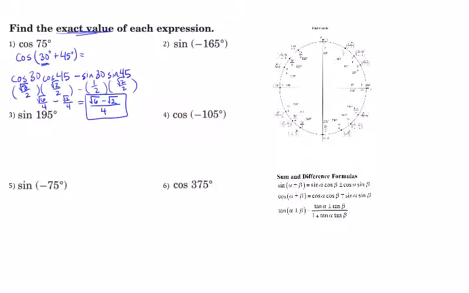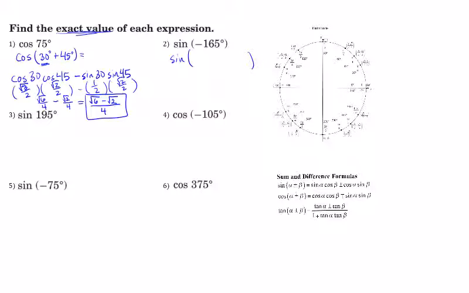So let's see. I'm going to go sine. And I'm thinking since it's negative, I'll do a difference. So I'm going to be subtracting 2 things. So let's see. So what if I did, let's see, subtract, see if we can subtract from 180.